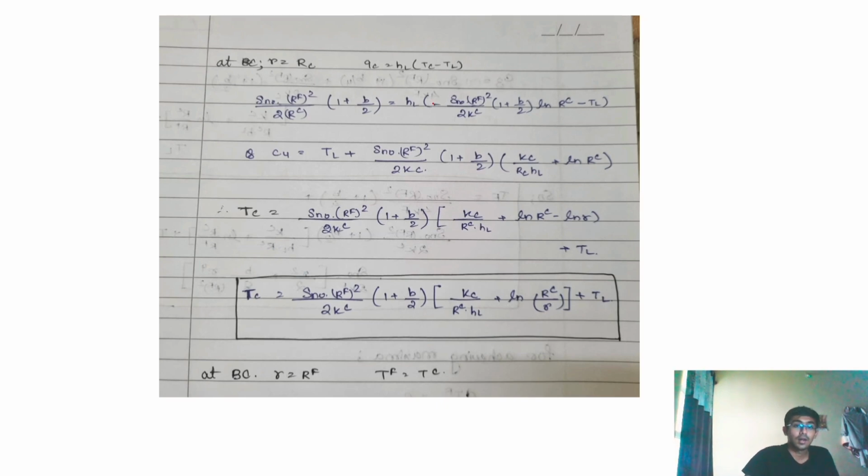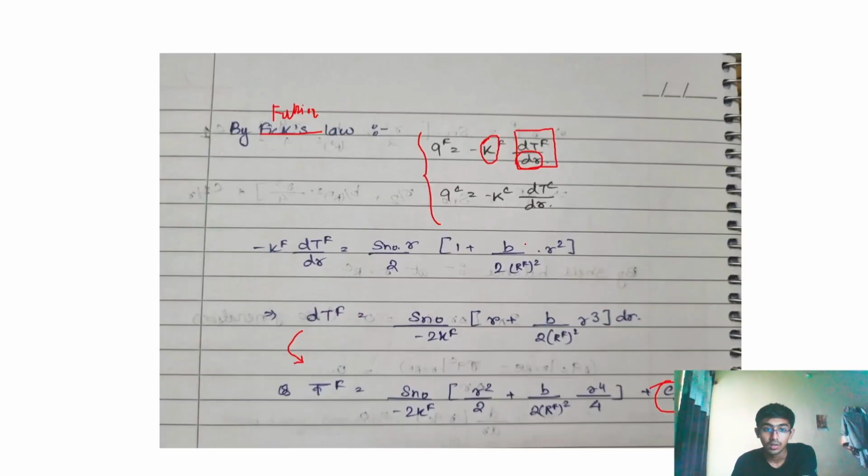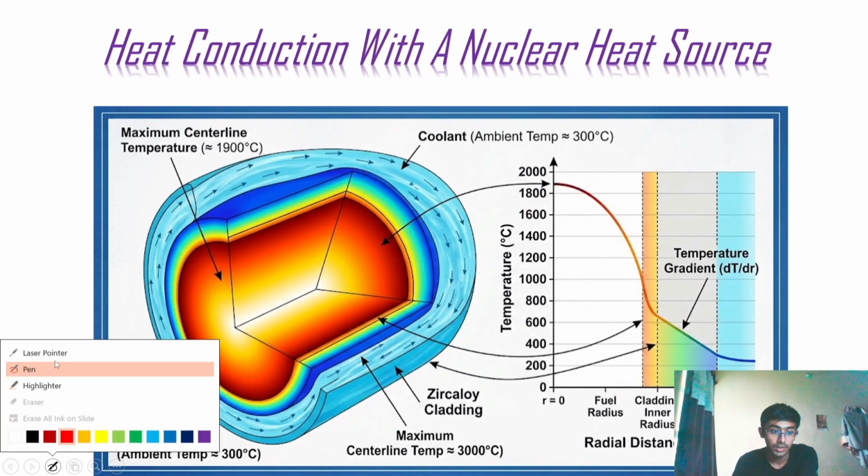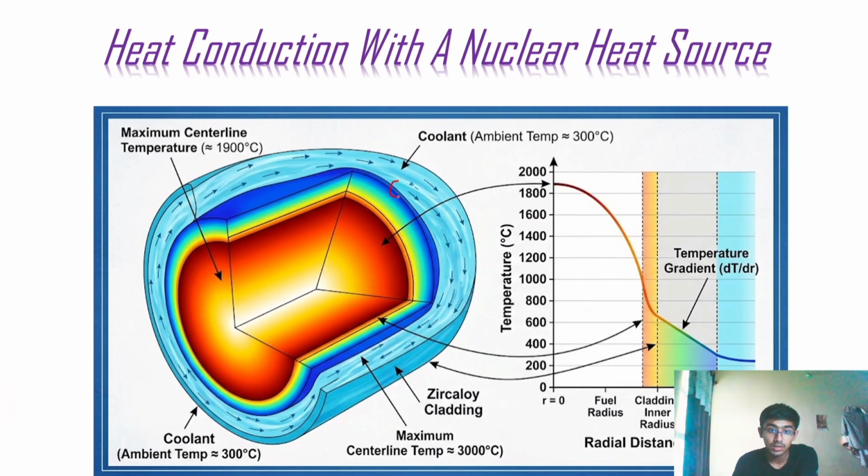At R equals to RC, we can see that the surface temperature of the cladding is not given. But the ambient temperature of the coolant is given. Heat is generated here and goes to RF by conduction, and through the cladding also by conduction.